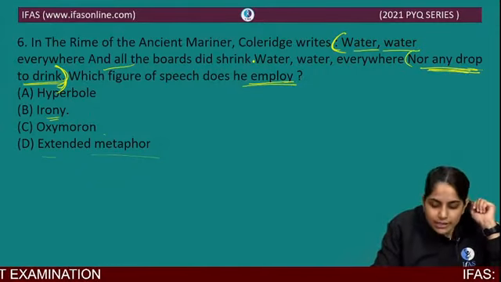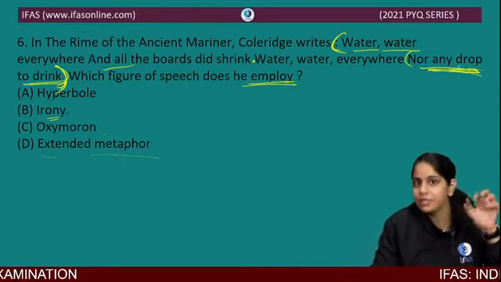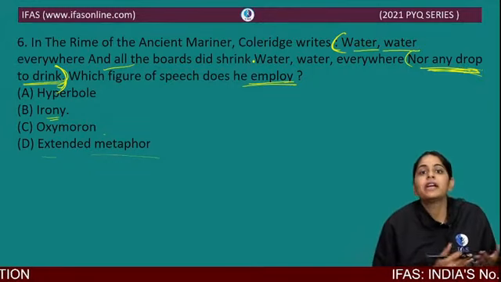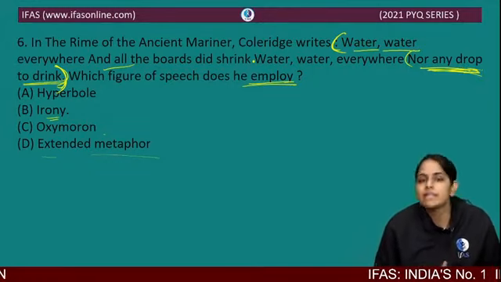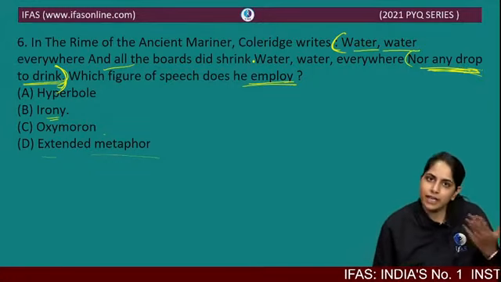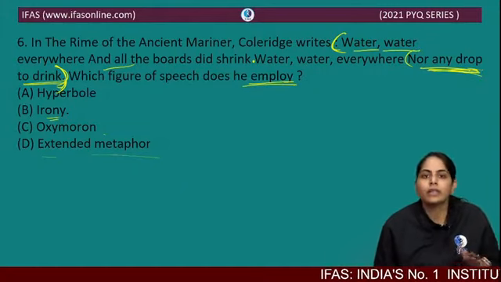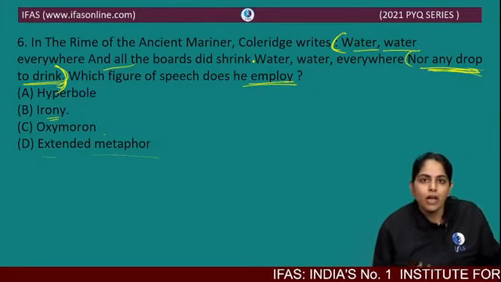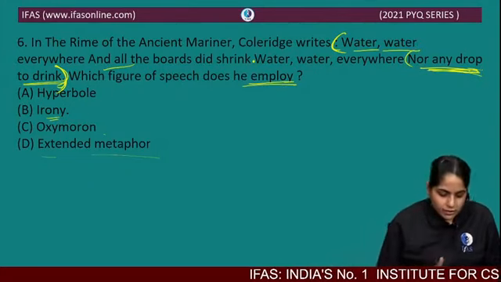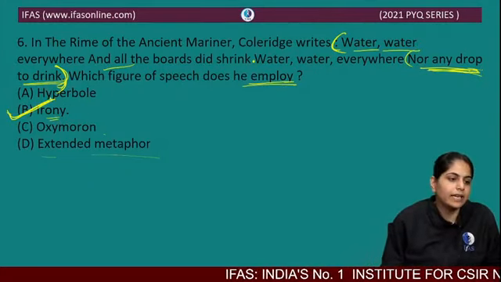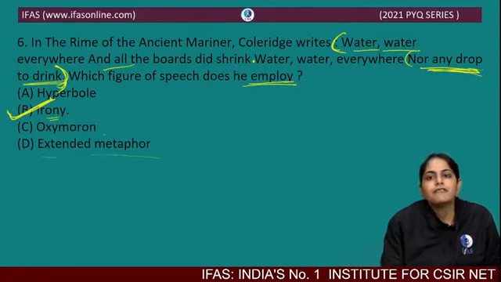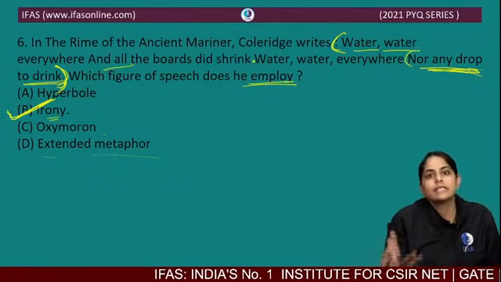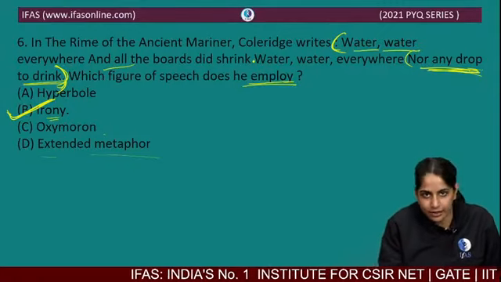Yes. So this is the irony. The poet is contradicting his own statement. In the first part he is saying that water is everywhere, and in the second part he is saying that there is not a single drop of water to drink. This is called irony. Got it? Where despite this situation, this is happening, kind of a thing. Okay, got it?